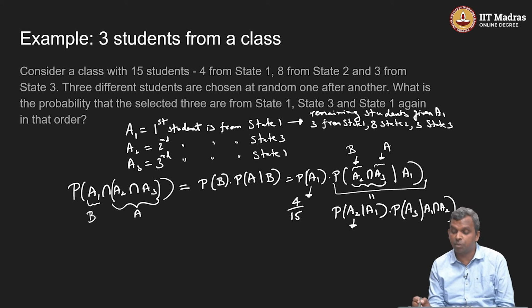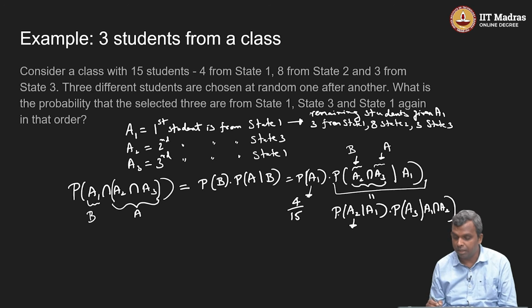So in the conditional space given A1, you have 3 from state 1, 8 from state 2, and 3 from state 3. And A2 is asking, what is the event that A2 is the event that second student is from state 3. So that's going to be 3 out of 14.